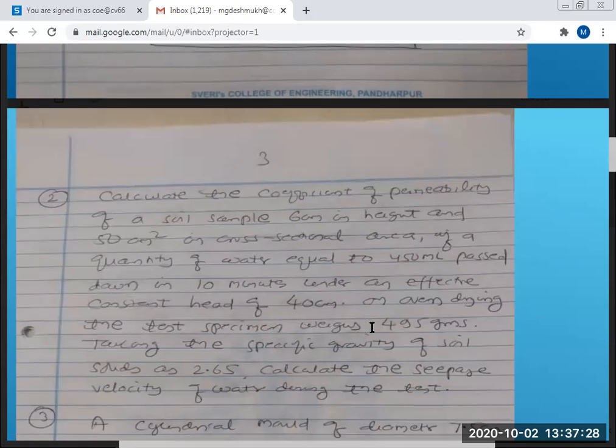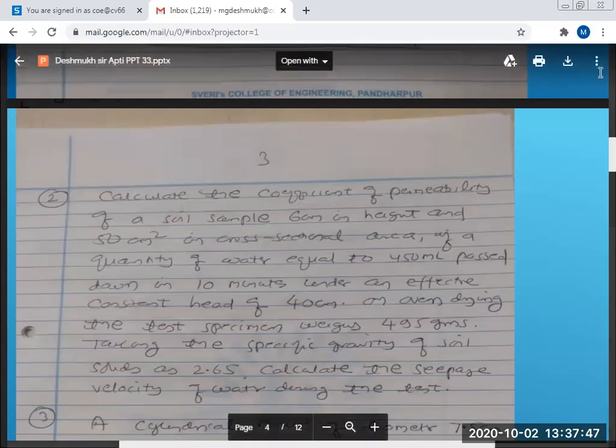What is the answer? First, what is K? And then what is seepage velocity? Yes, somebody did very good. Okay, beta. Sheetal Bahirwade did. Others, I think it is right.